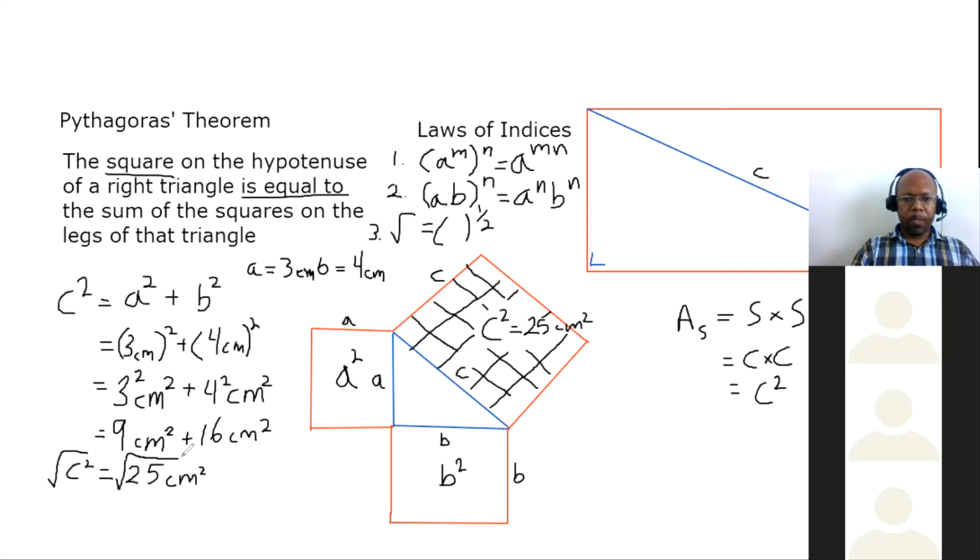But remember what square root means. It means raising something to the power half. And you know, when you raise something that has a power already to another power, you need to multiply those powers. So that means I'm going to be multiplying the square. So it actually looks something like this.